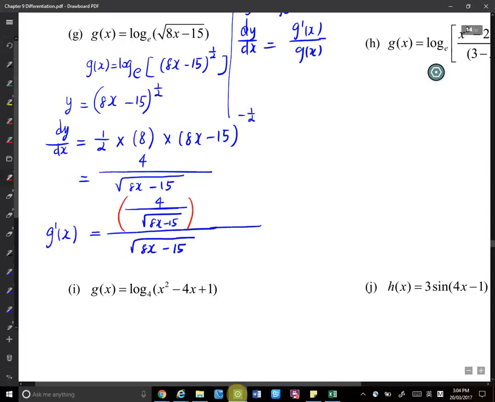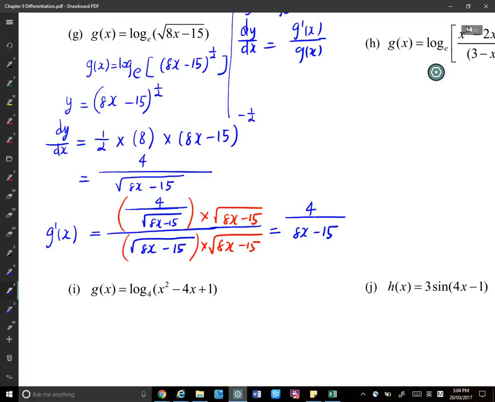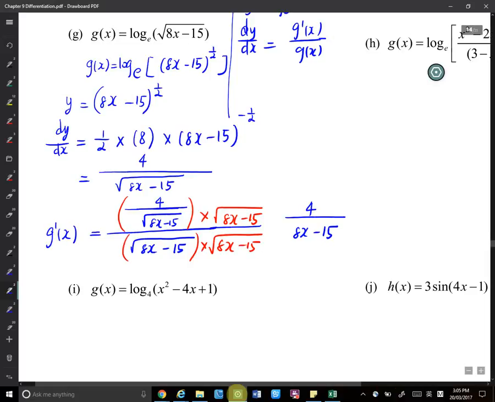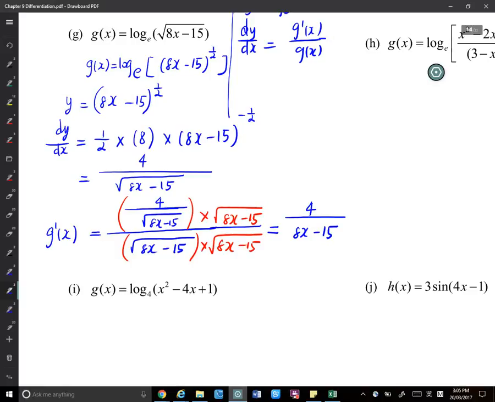I can multiply by the denominator, 8x minus 15, and multiply by the square root of 8x minus 15, and that gives you 4 over 8x minus 15. That's a really simple version, because root 8x minus 15 times root 8x minus 15 equals 8x minus 15. And then the numerator is just 4. So it's 4 over that.